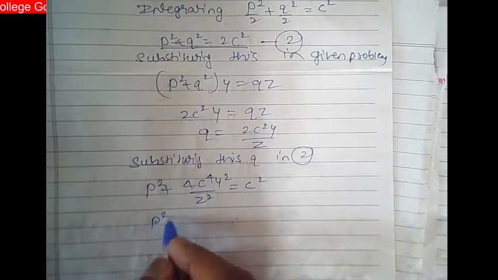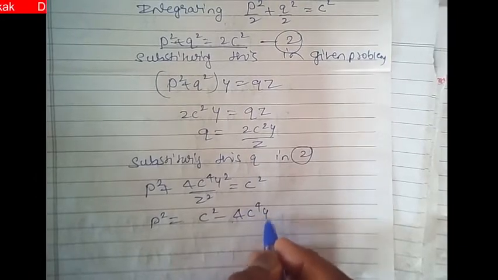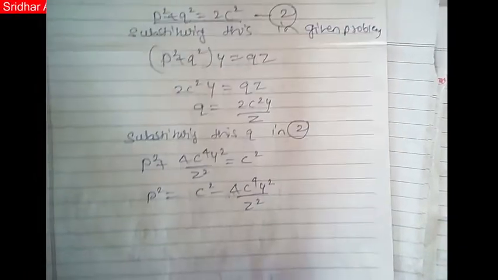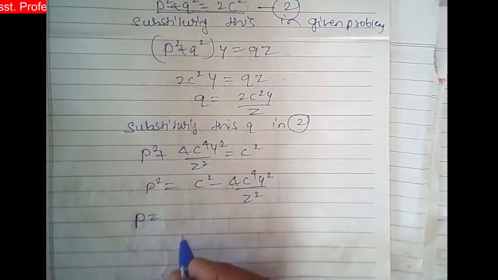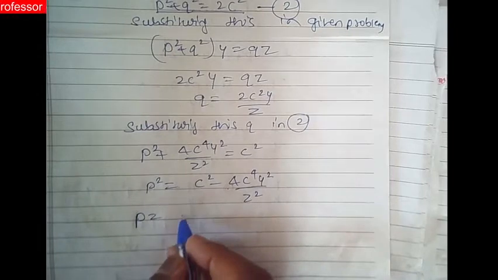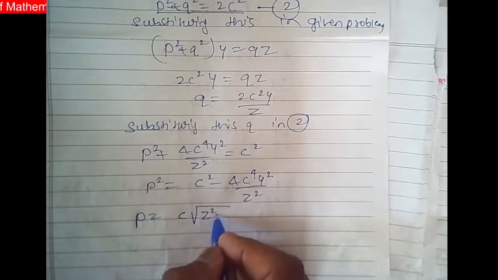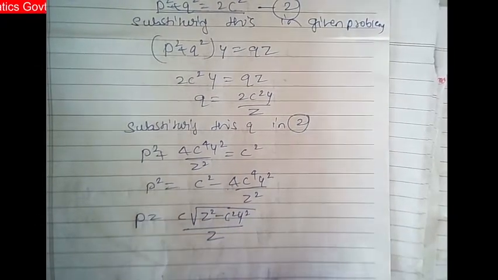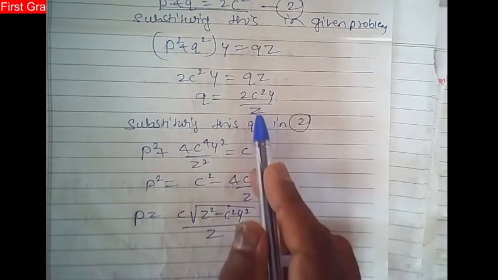So from this equation we calculate p square, c square minus 4c raised to 4 y square by z square, or p is equal to, now taking LCM and all that, we get c square root of z square minus 4c square y square whole divided by z. So now we obtain this p and q.